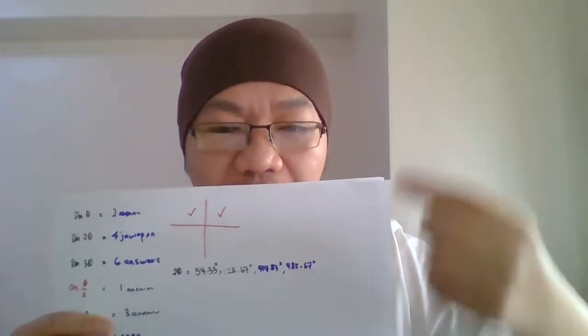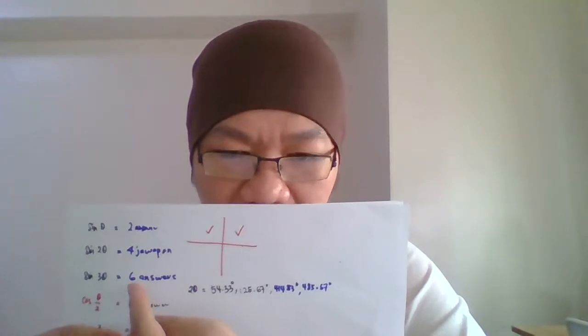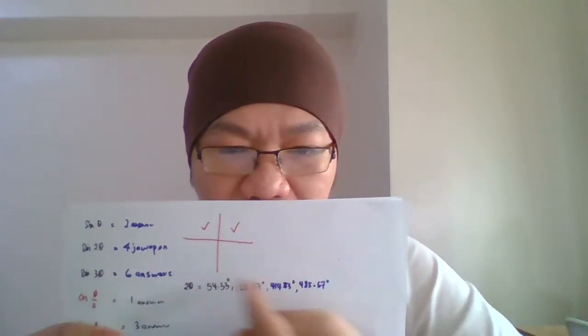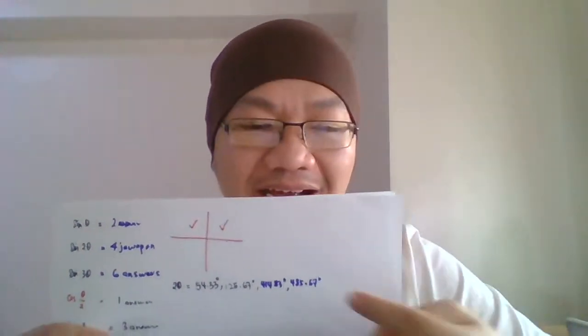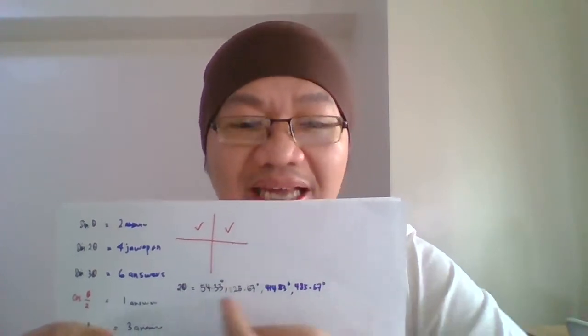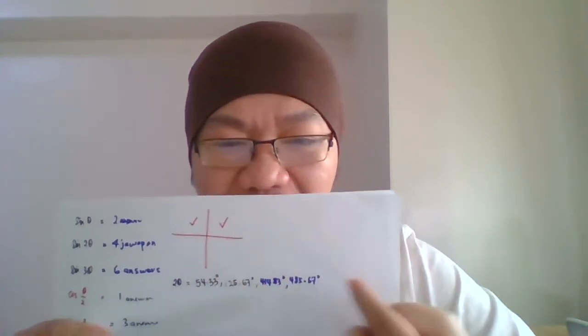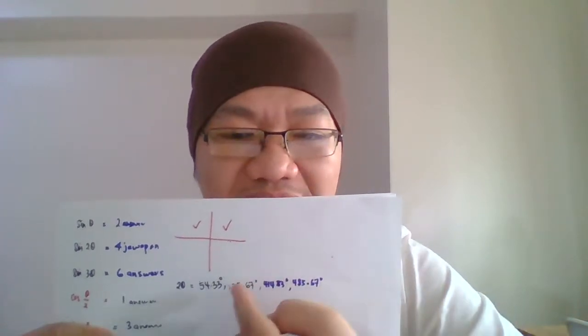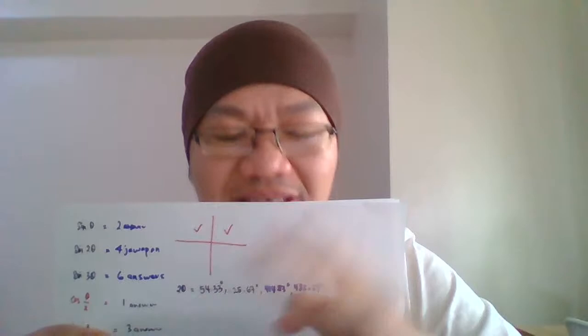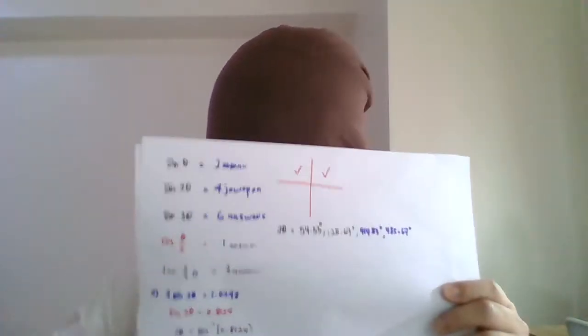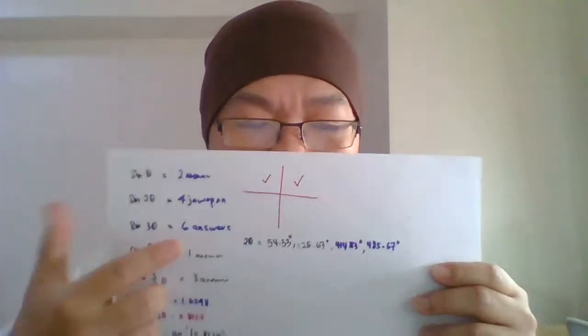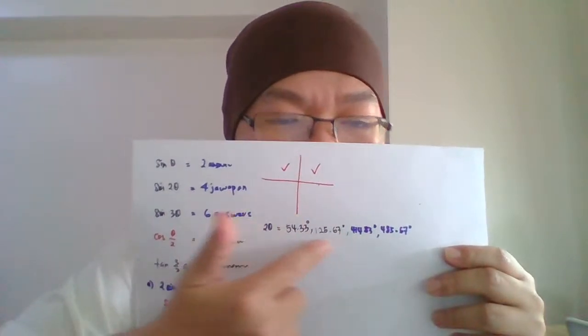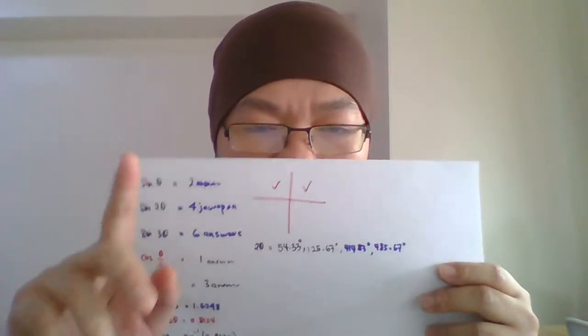If we have 3 theta, that means we want to find the fifth and sixth answers, right? The fifth answer will be 720 plus the first answer, and the sixth answer will be 720 plus the second answer. That is how it works. Since 2 theta equals this, that is not the final answer.